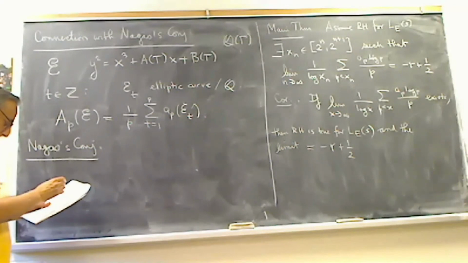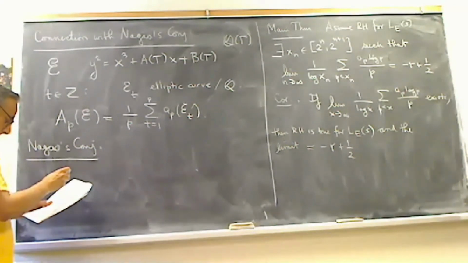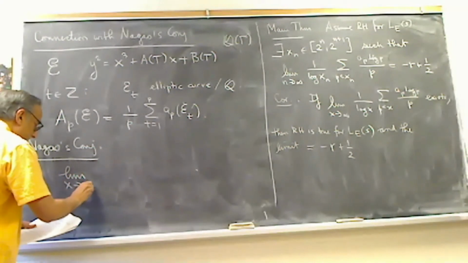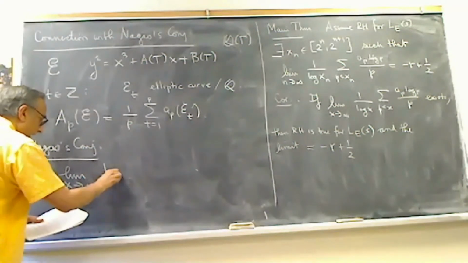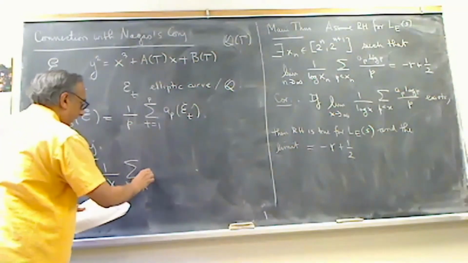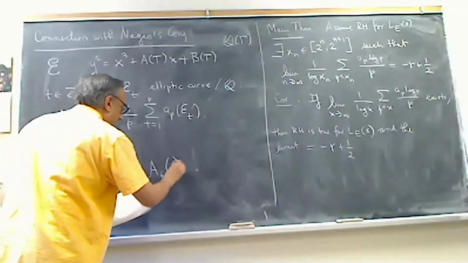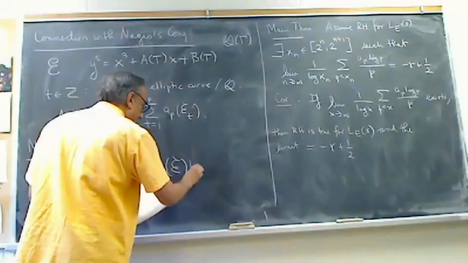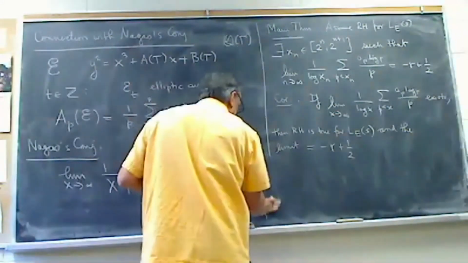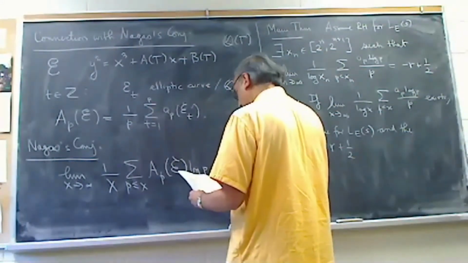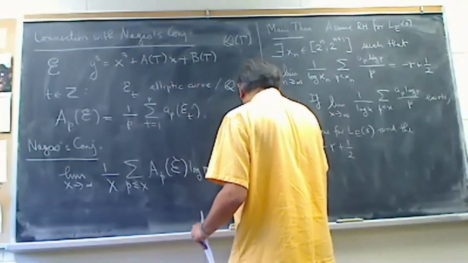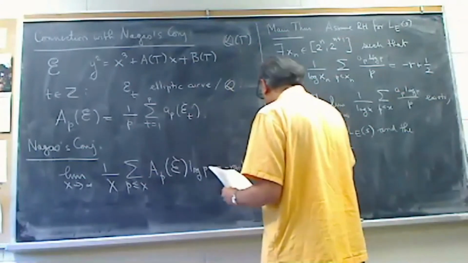So what is the conjecture? The conjecture is that the limit as x goes to infinity of 1 over x, sum over p less than x, of A_p(E) log p, there's a minus sign somewhere, but I'll put it in here, is equal to minus the rank of E over Q(t).